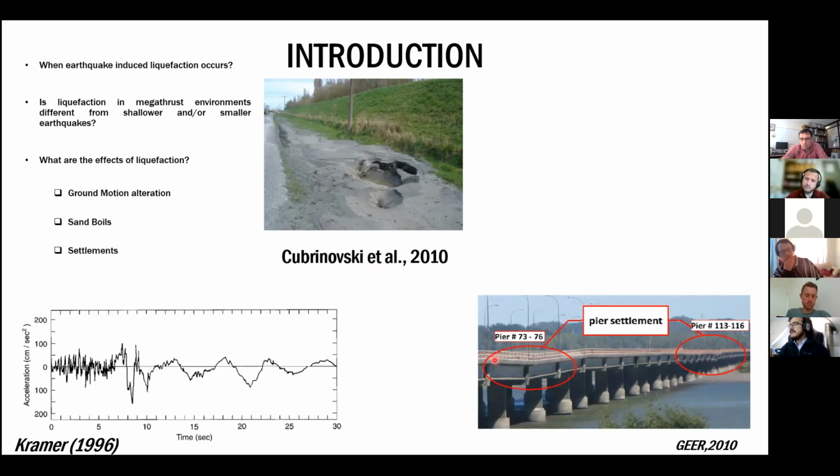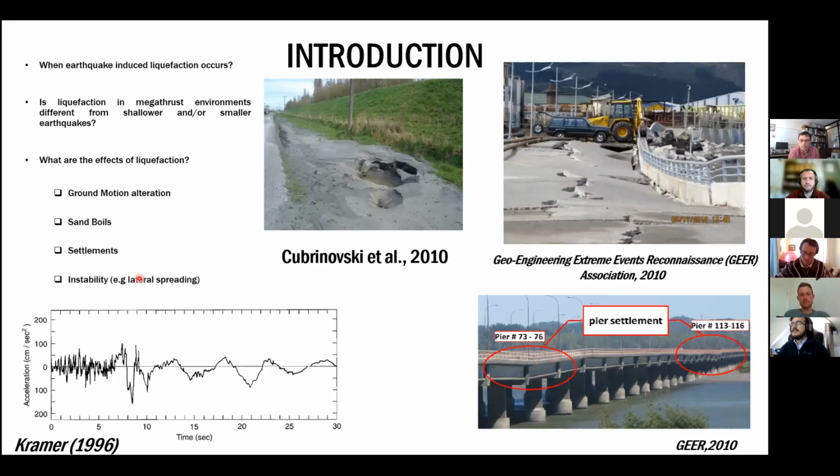We can see here that piers 73 to 76 and 113 to 116 settled, and the amount was on average around half a meter, which is really important. And lastly, I want to talk about instability. A very well-known type of instability is lateral spreading.